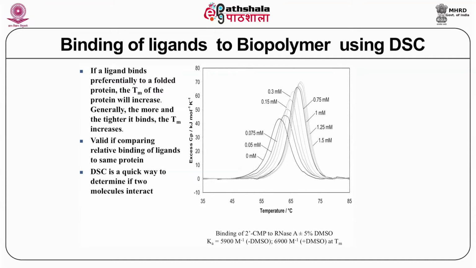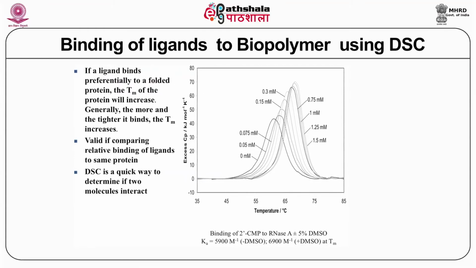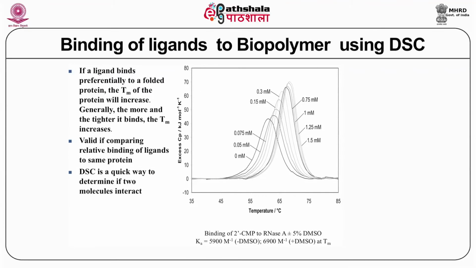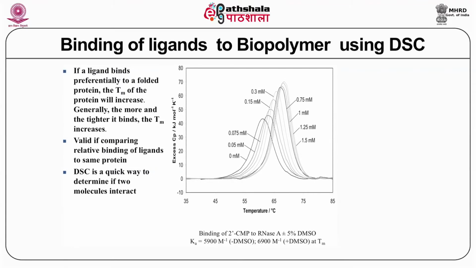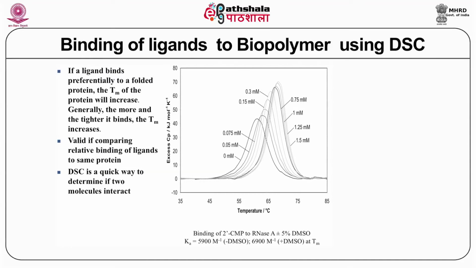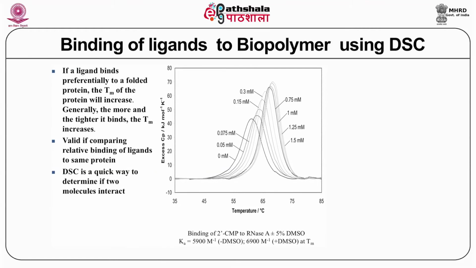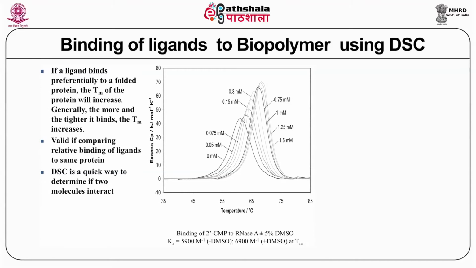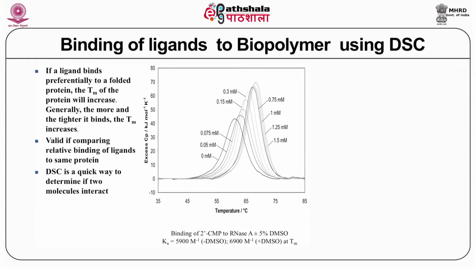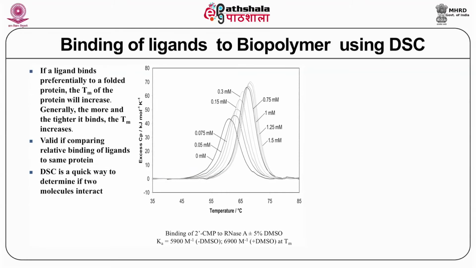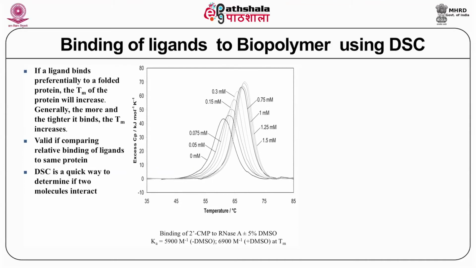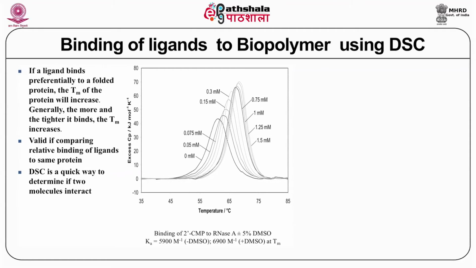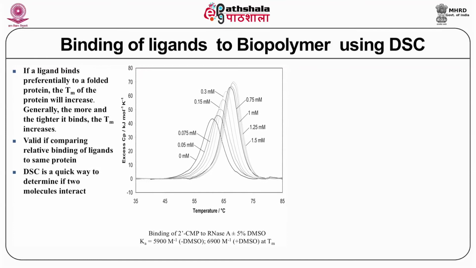So, by determining the Tm at different ligand concentrations, you can determine whether it is stabilizing or not. This is valid if comparing relative binding of ligands to the same protein, or the same ligand to different proteins. DSC is a quick way to determine if two molecules interact or not. So, this is one example I have shown you.